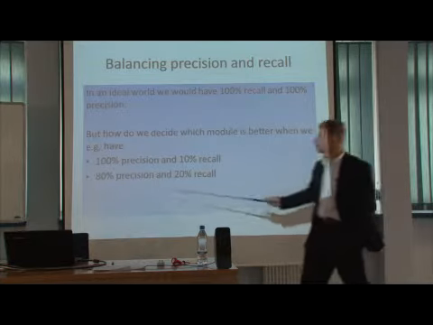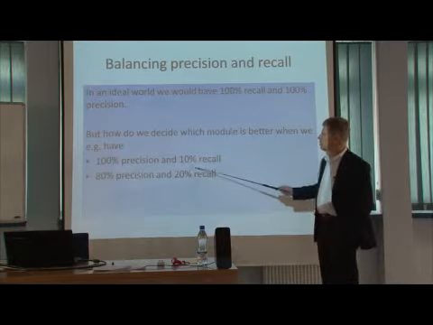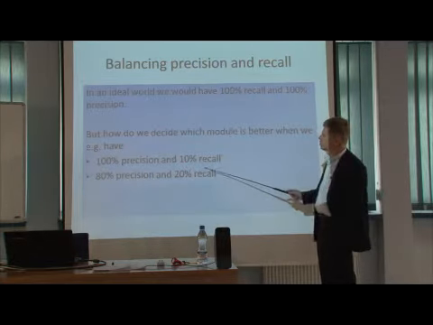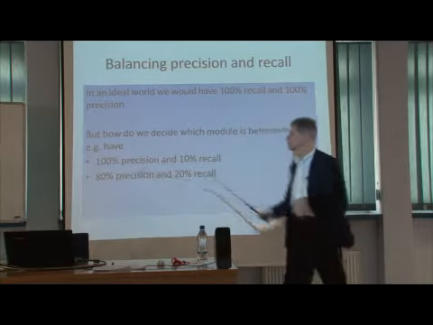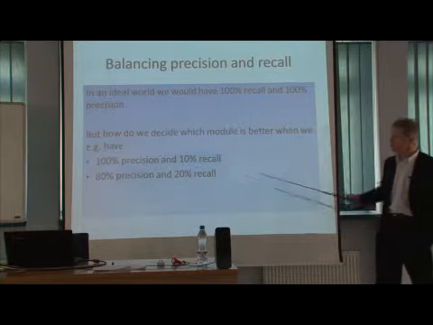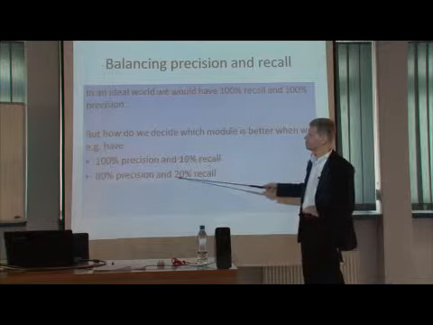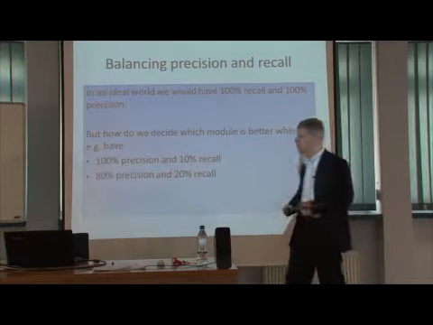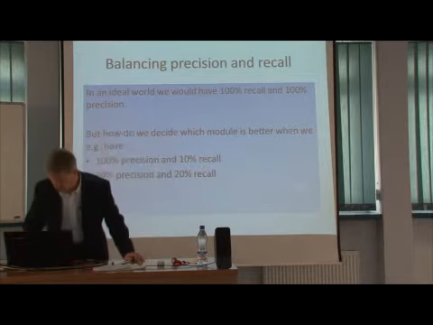Or is it better to have 80% precision and 20% recall? So essentially see more documents, but some of the documents that we're going to see will be irrelevant. There is no general answer to this question, but the F measure is trying to balance precision and recall.